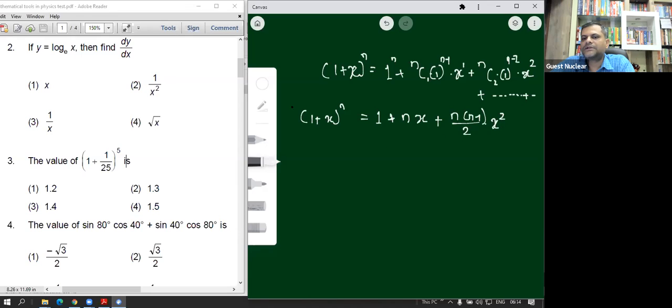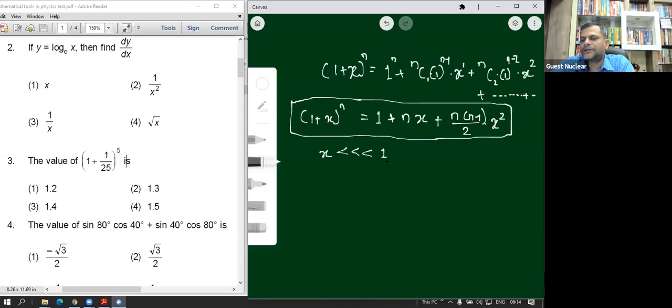So in general we can say that the binomial theorem can be written like this. There will be only two terms if the higher powers of x are negligibly small. Then in that case we can just consider the two terms in this way. इससे भी आगे जाके अगर x का जो वैल्यू है वो अगर बहुत बहुत छोटा है 1 से, तो ऐसे केस में हम बोल सकते हैं यहाँ पे कि x square will also be negligible.